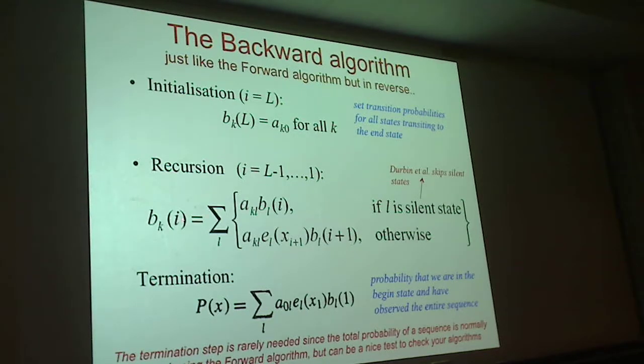So you go to sequence position I, coming in the reverse direction, backwards. The preceding letter, if you go backwards, is of course I plus 1. If you are in I, you go against the sequence, so your next one is I plus 1. So why is this now the silent state? Again, just like before.